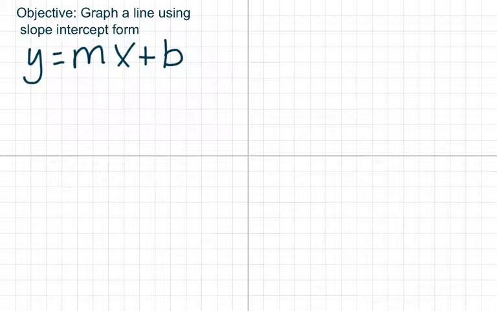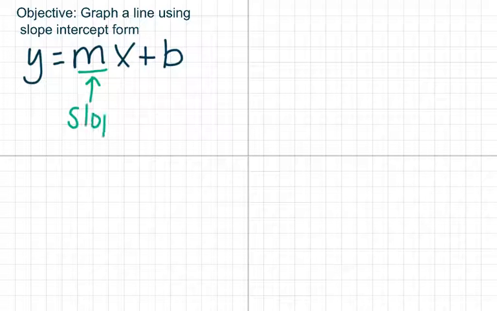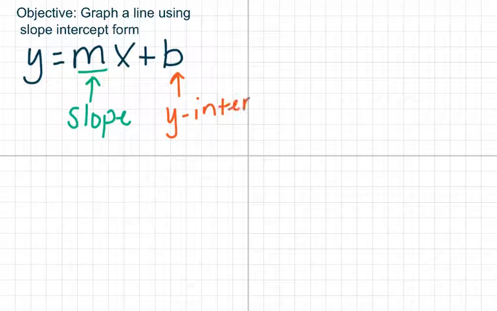So if we look at this equation, our m here will represent our slope, and the b here will represent our y-intercept. So let's talk a little bit about what those two things are. If you remember in our past lessons, we talked about slope.